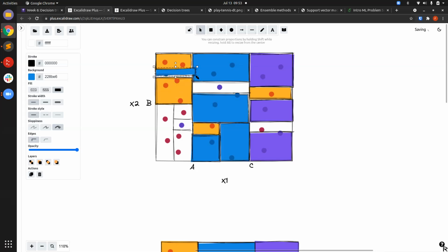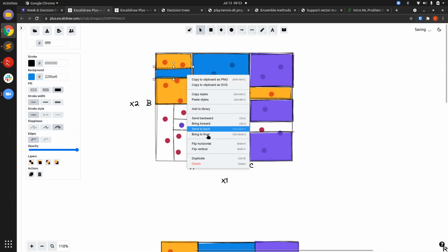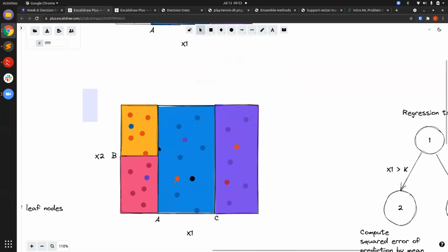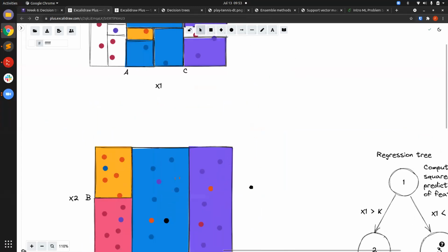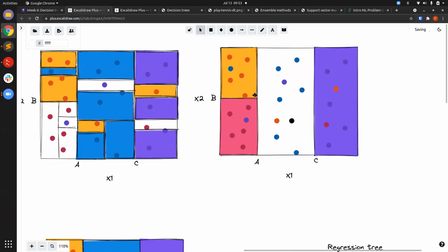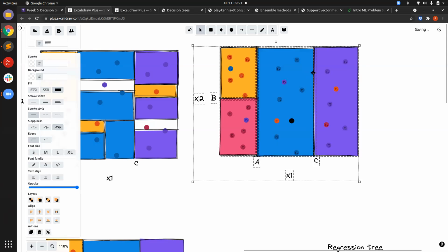On the other hand, what if you restrict the depth of the tree and limit it to a small number of splits? So what if I say, okay, I'm only going to allow one split?